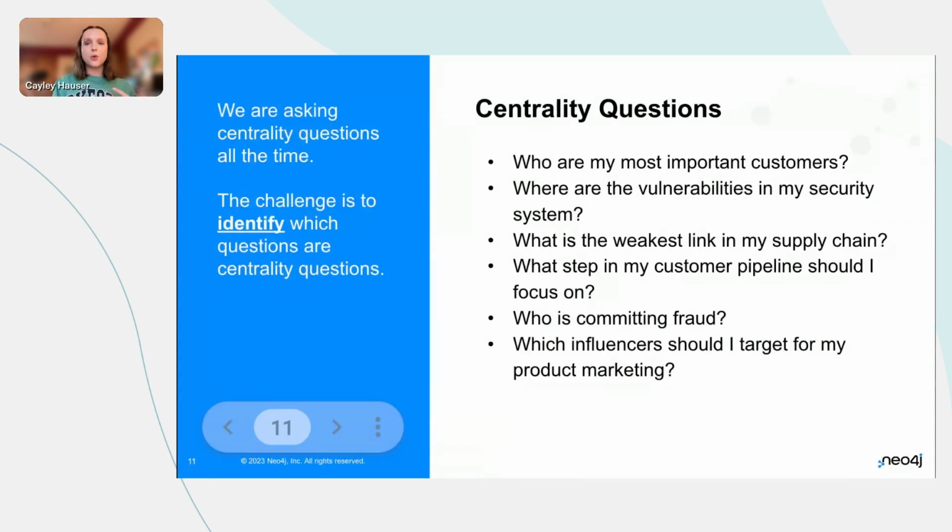The reason I'm giving you all these examples is because I want you to start priming your brain, as we're going through these, to start thinking, oh, maybe this question that I've been trying to tackle is a centrality question. And if so, which centrality algorithm can I apply to that? I'm going to talk about some of the most common algorithms as we move on and show you exactly how they help you answer these sorts of questions of finding the most important part of your graph.